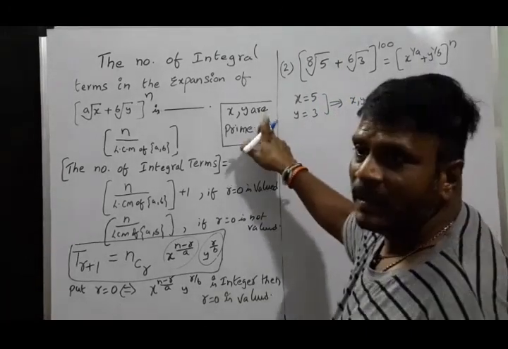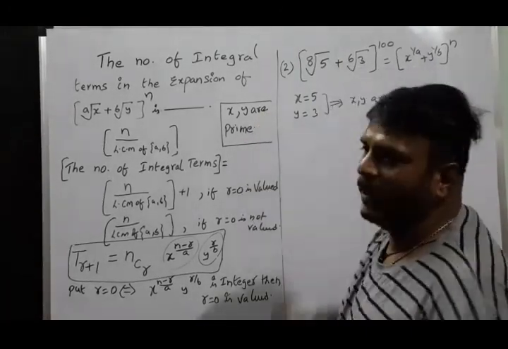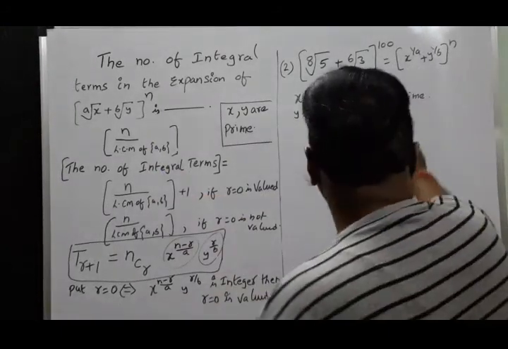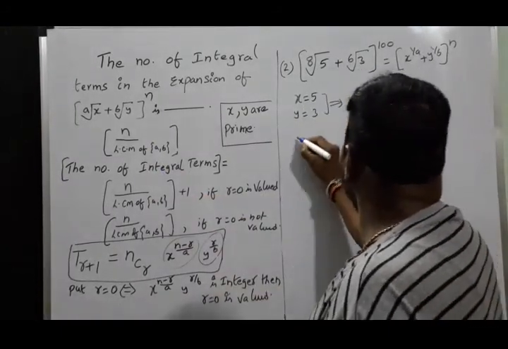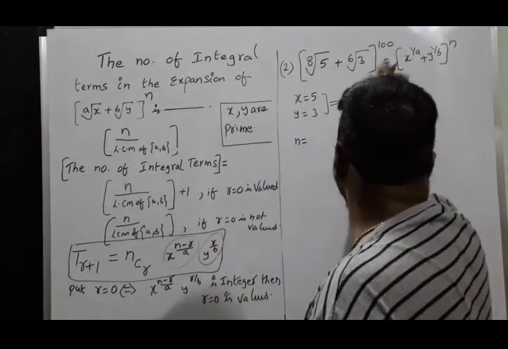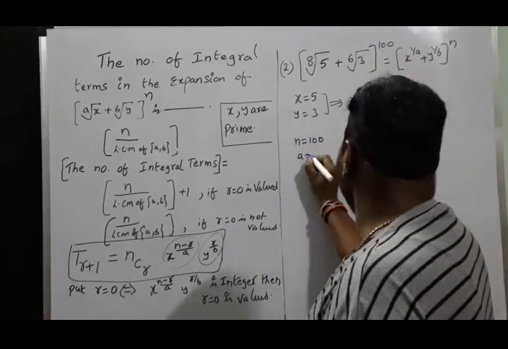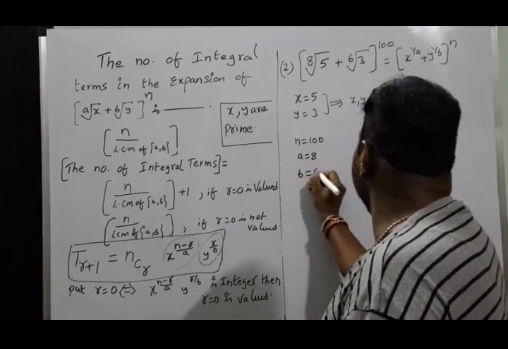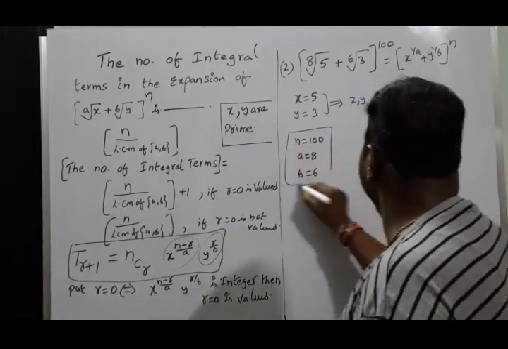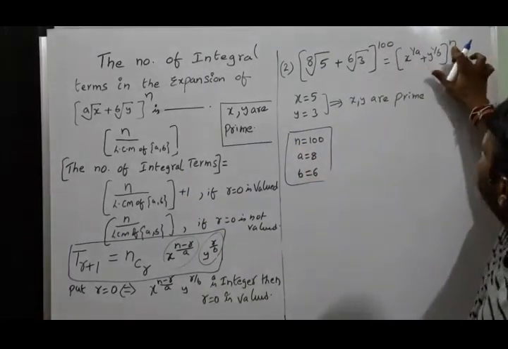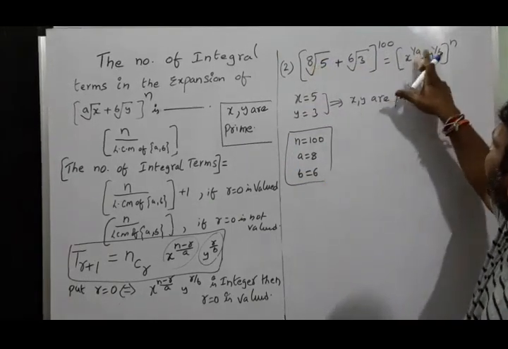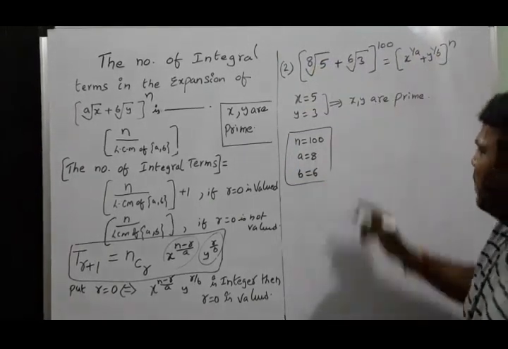This is the first important key point to apply this formula. After that, n is equal to 100, a is equal to 8, b is equal to 6.